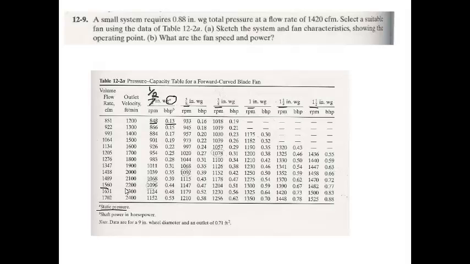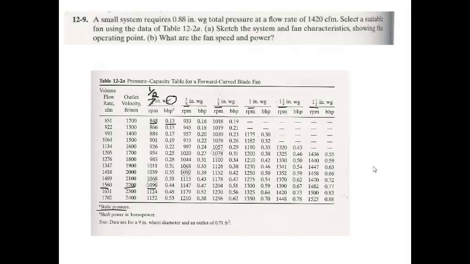We would end up with 2200 feet per minute of outlet velocity. If we have 1/2 inch of static pressure, we would need to rotate this at 1096 RPM. If there was 5/8 inch of static pressure, we would need 1147 RPM, and so forth and so on.